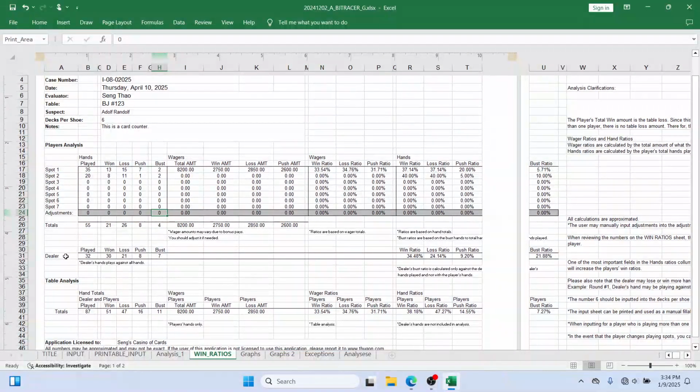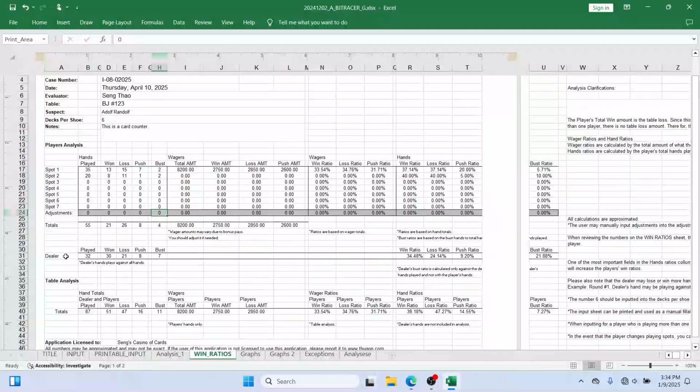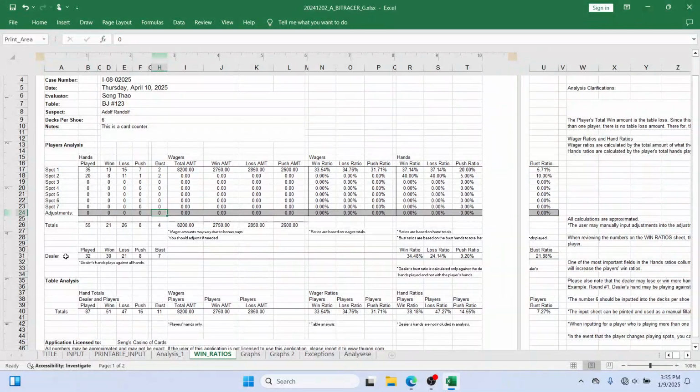Sometimes the player's not card counting, they're not tracking aces or tens, but they're winning. And table games wants to know why this person just walked away from the blackjack table with $20,000.